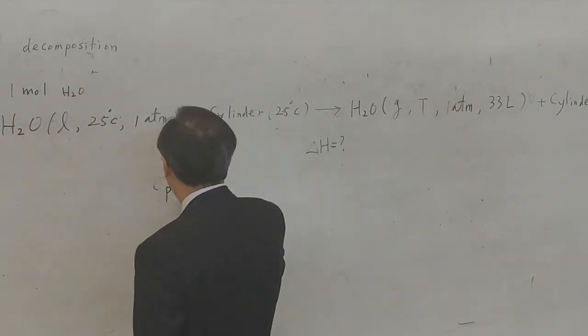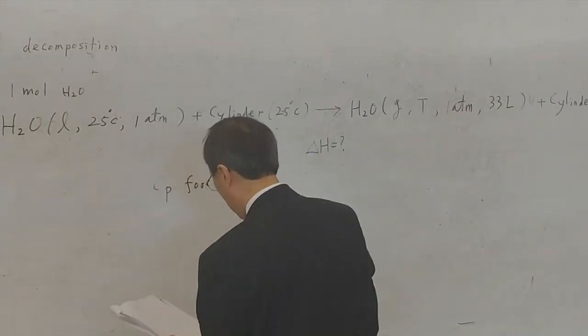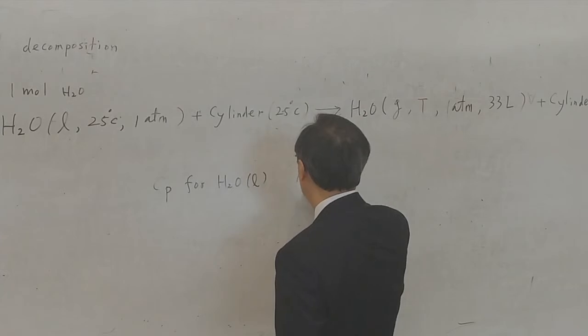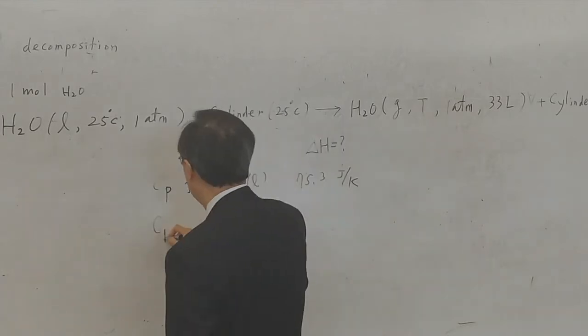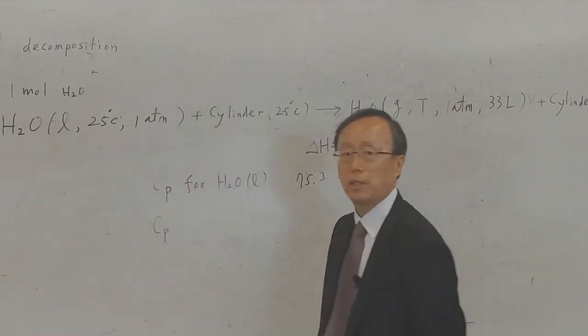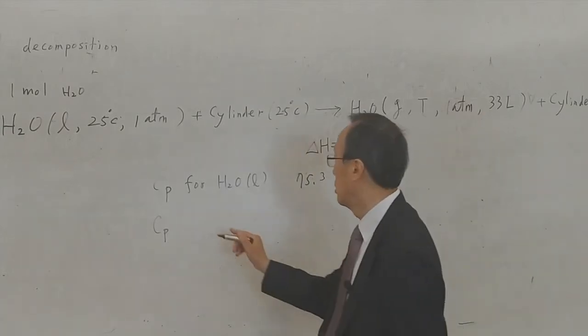The Cp for water at the liquid state is 75.3 joule per K. Cp means the specific heat capacity at constant pressure.